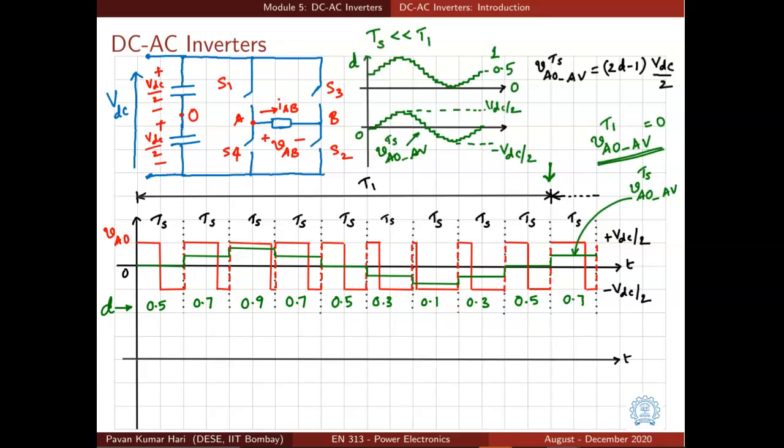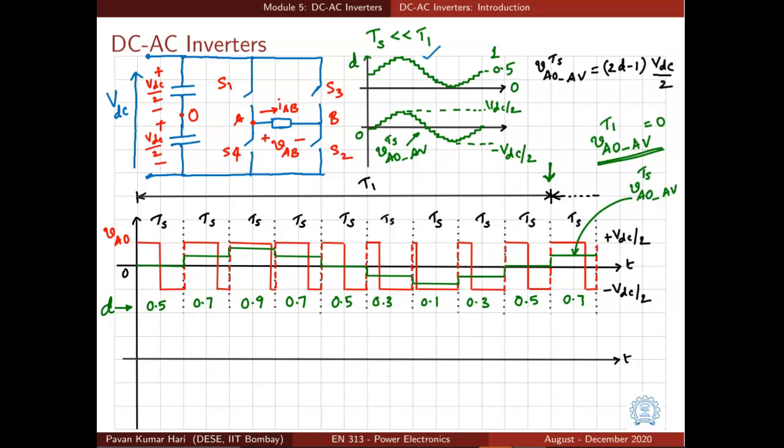What happens when the interval TS is much smaller than the interval T1? Let us say we are taking a duty ratio that is varying, starting at 0.5, going all the way up to 1, and coming back to 0.